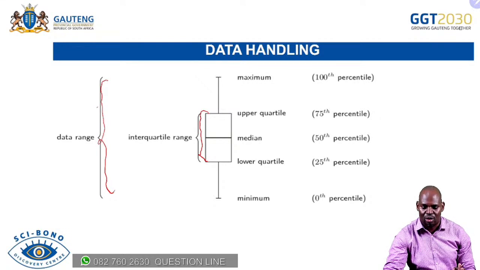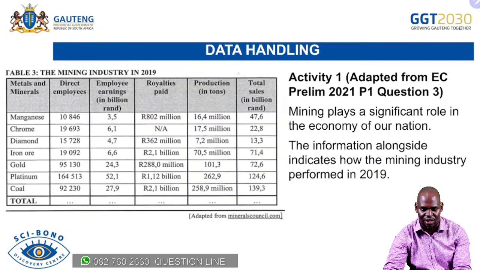The information alongside indicates how the mining industry performed in 2019. There you've got the information that is given. Then for the very same table, they say use the information in the table to answer the questions that follow.